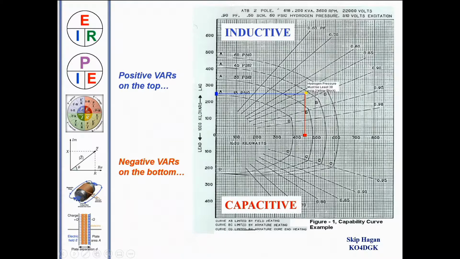So here, if we think of this as being resistance instead of power, first of all, we go up from the resistance line and come over from our VARS line, and the yellow line represents the actual impedance of our system.